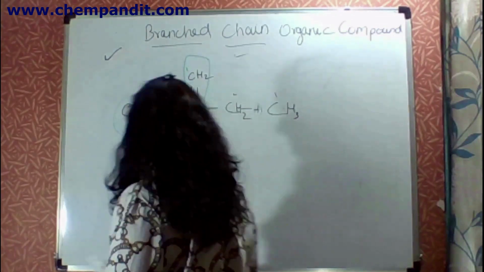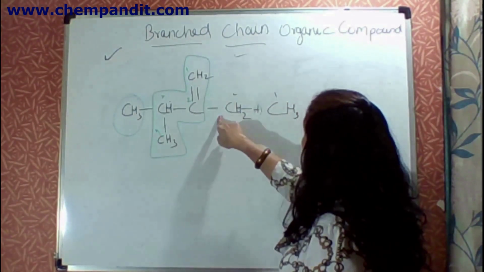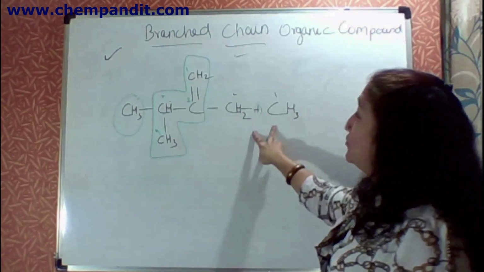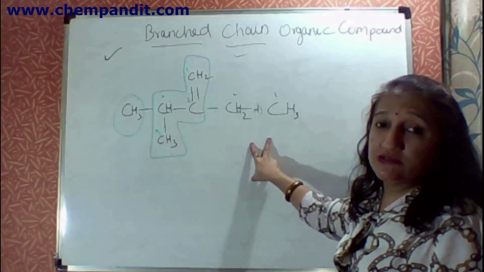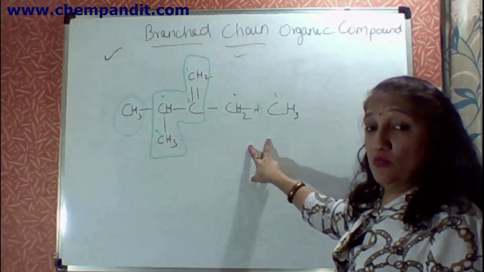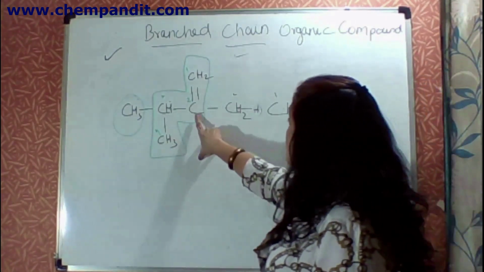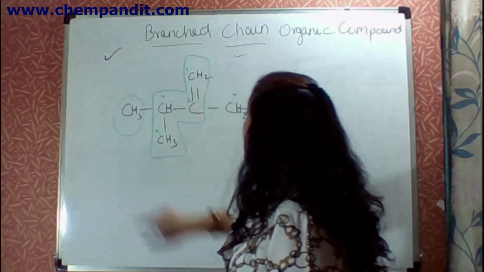Let's name this. The compound becomes 2. Now there is one more problem in this compound. We have two different substituents. So what are we going to do? At 2 position we have an ethyl group. At position 3 we have a methyl group.